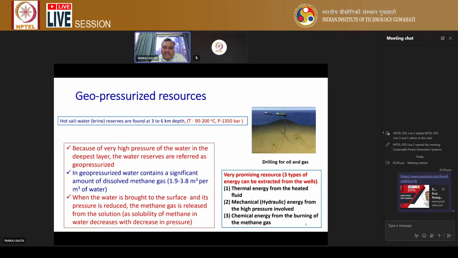And this can be categorized in 3 different forms. Some energies are not anticipated, but we are getting them free. So that's how this system is quite interesting, and why it is called geopressurized resources, and why this technology is so important. All the components will be elaborated in the discussion.